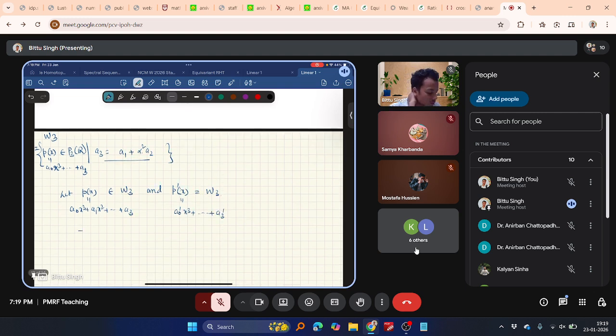So what does this mean? This means there is a relation like this: A3 equals A1 plus alpha square A2. Similarly, from here we get A3 dash equals A1 dash plus alpha square A2 dash.